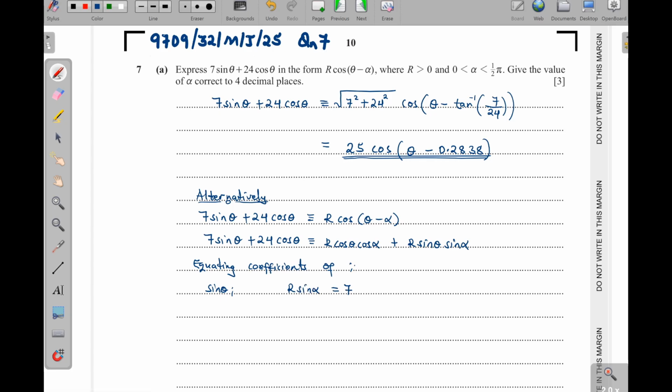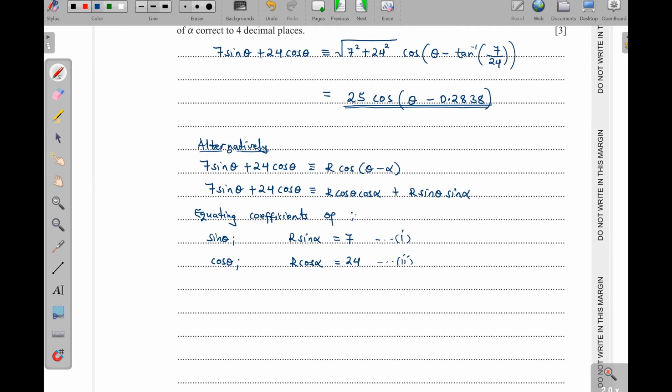And then for cosine of theta, taking this one away, you have r cos alpha, which is equal to 24. So I have these two equations. This is equation 1, and this is equation 2.